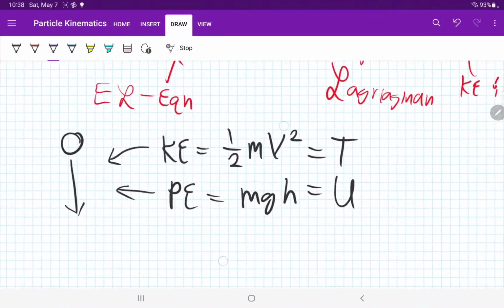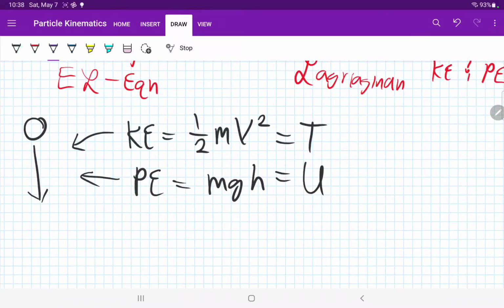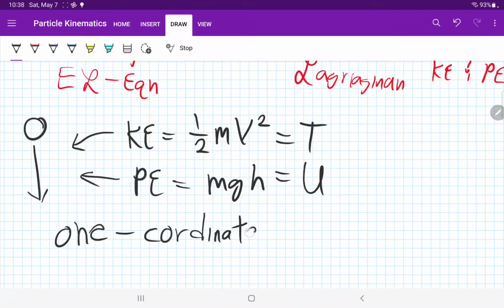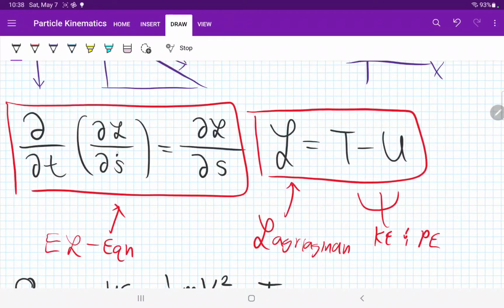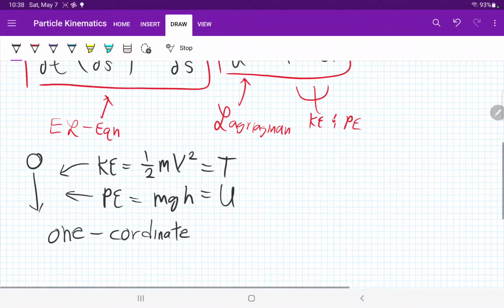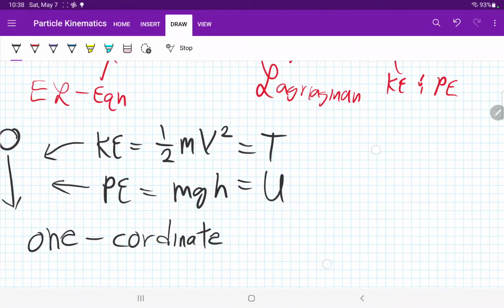However, for Lagrangian mechanics, you really only need one coordinate. And the reason why you only need one coordinate, well, look at the equation. There's only one coordinate specific, right?